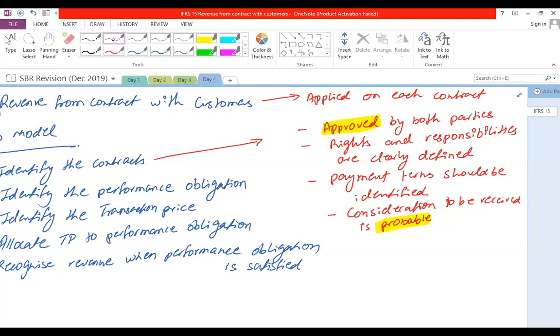Yes, Jesse, all the criteria need to be met. Whenever we say criteria, the word by default means all of them should be met. So these are the criteria required in order to consider the contract to be a contract.